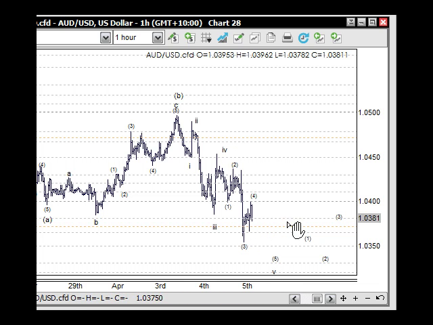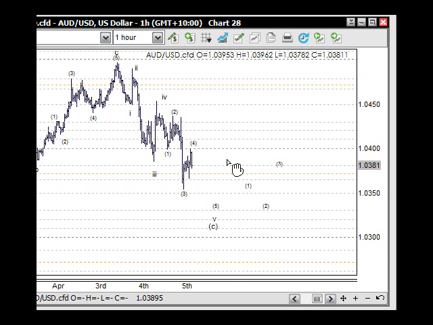Now I just need to explain this a little bit in detail here because there are a couple of counts here. The 4th wave is to here. We could also really have the 4th wave as an A and a B and a C there, where this wave 2 is here, so this could be the wave 4 here.